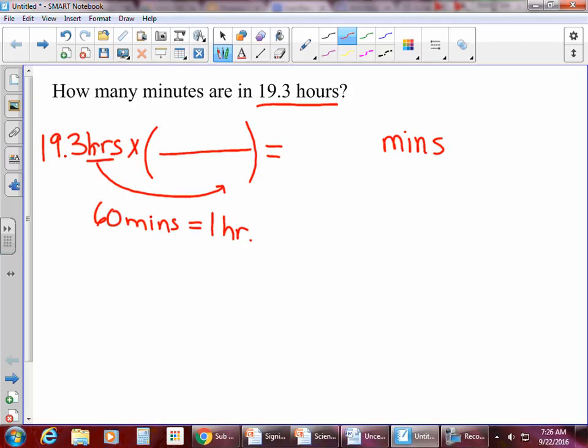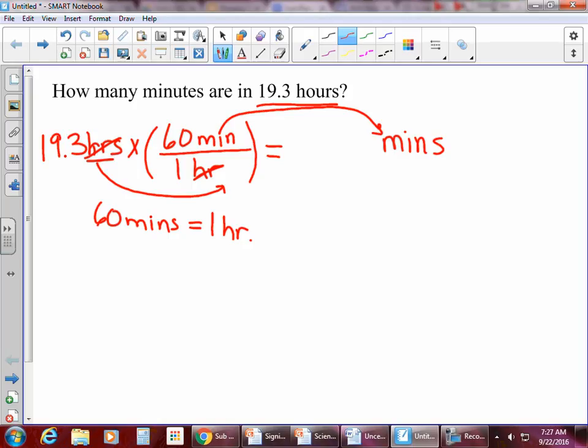So I'm going to put 1 hour on the bottom. 60 minutes goes on top because I want to be left with minutes, which is what I'm trying to solve for. Hours cancel out because when you divide them, they equal 1. So I'm left with minutes.